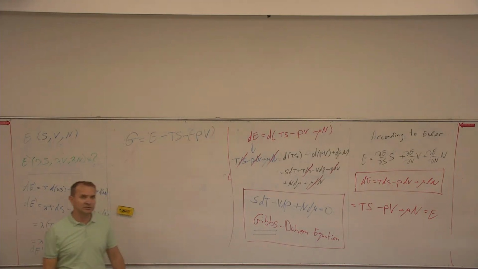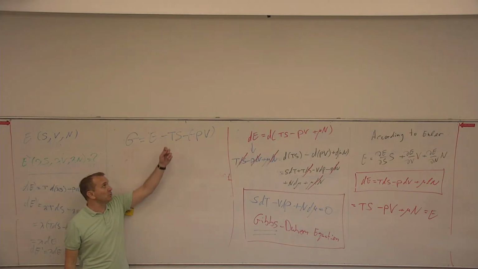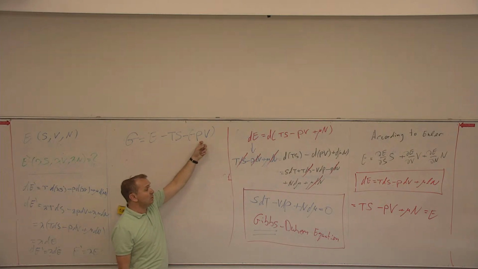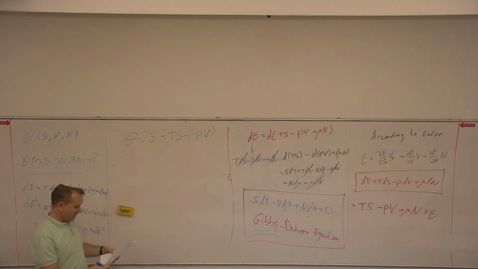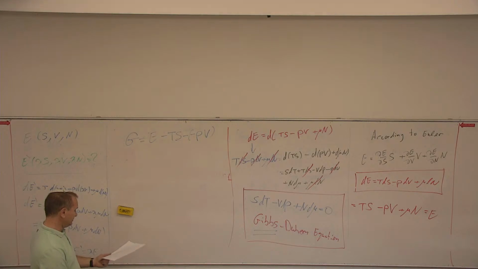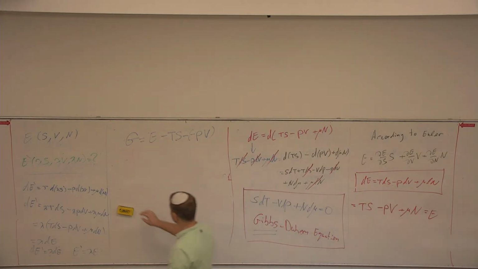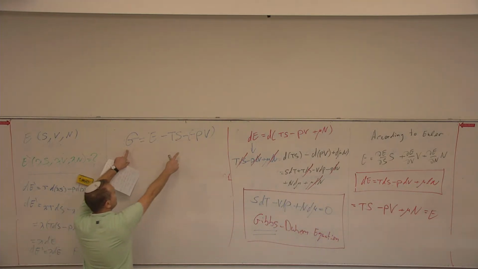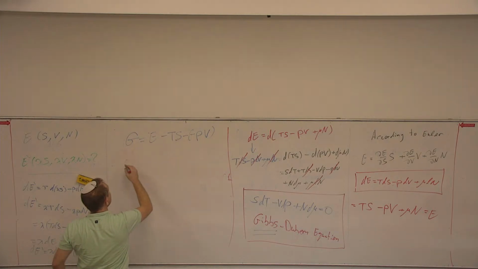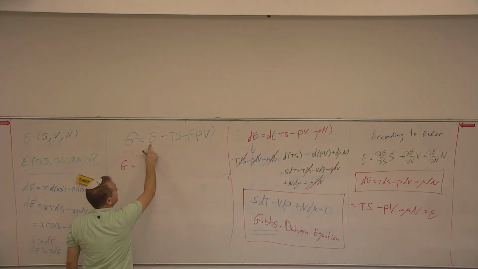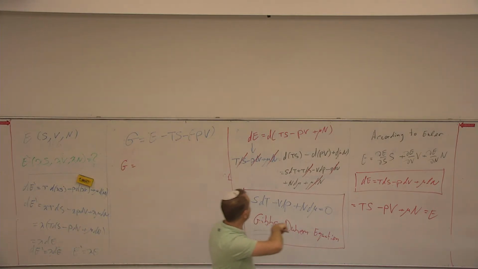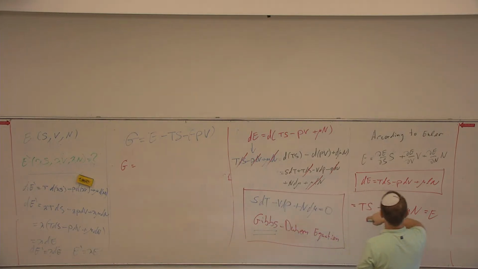This is the Legendre transformation, where instead of working with S, we work with T, and instead of working with V, we work with P. Now you look at this, G is E, and E, well, where is E?